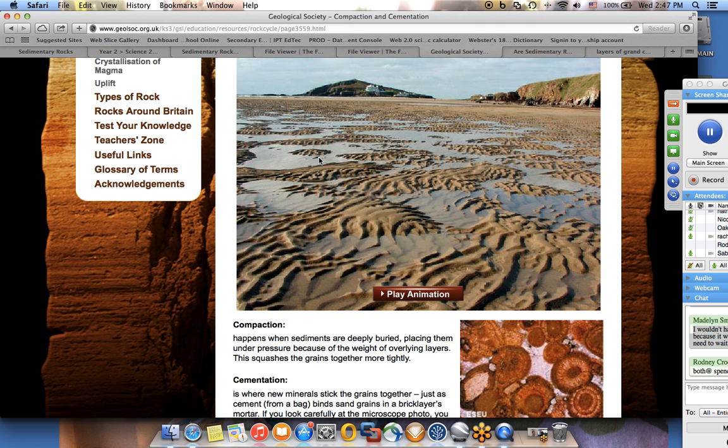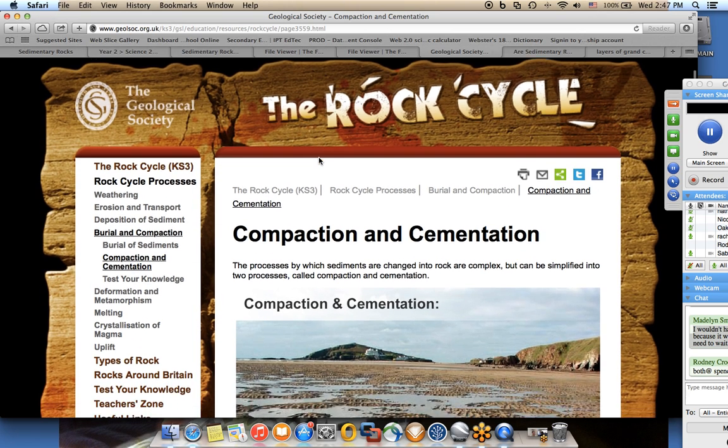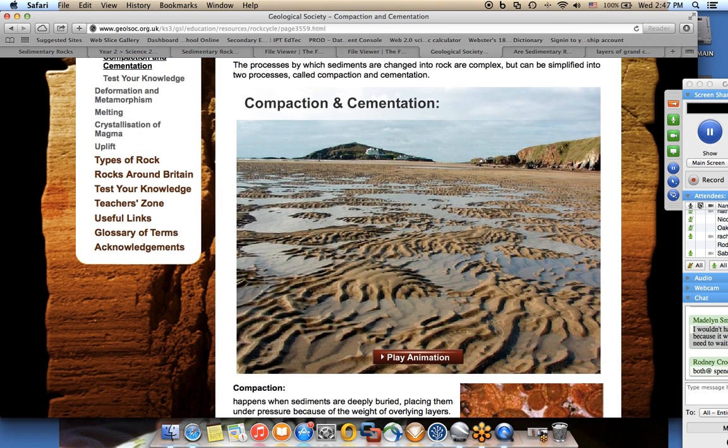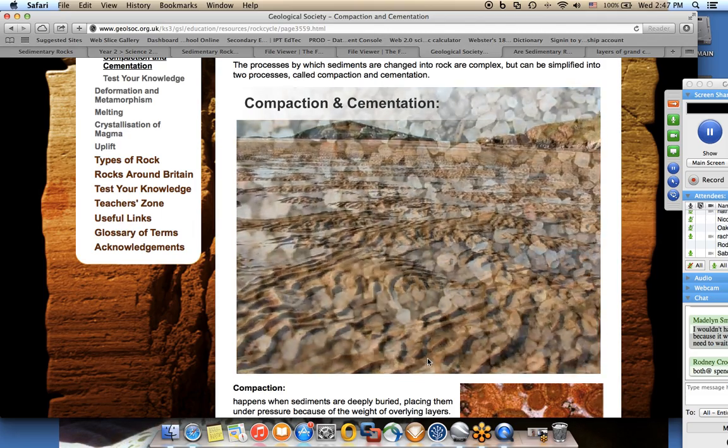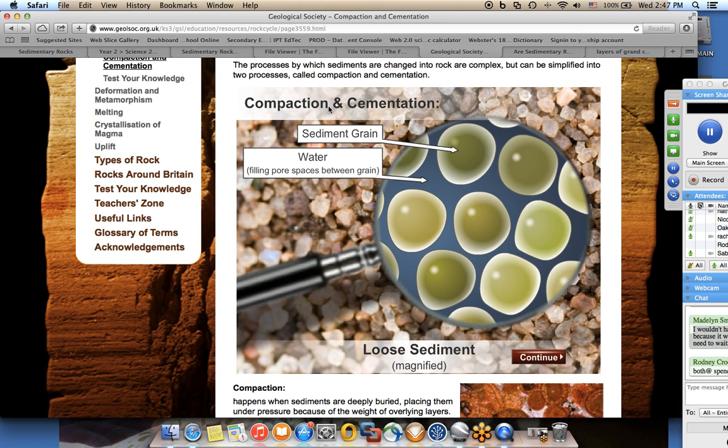I have also this. Oh, this is a very interesting website. I have the link in the lesson for you. And it has a very cool animation here of the process of compaction and cementation. So you can see now the sediment grain, whether it's sand or gravel or mud, silt, clay, whichever it is.